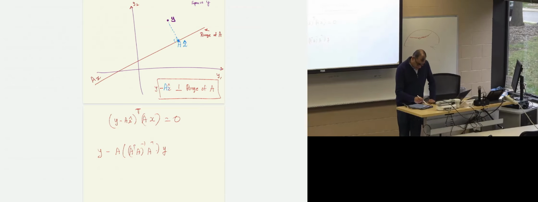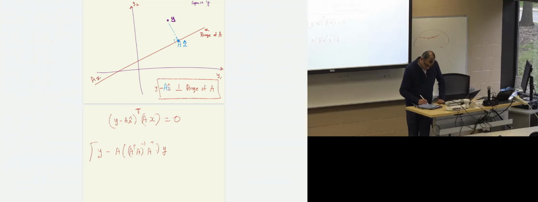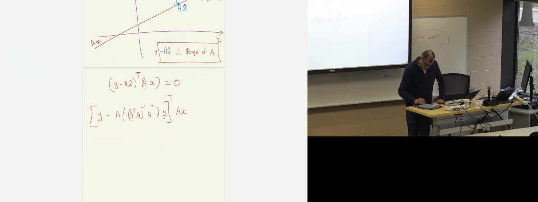Okay, so let's do this now. So now this is y transpose minus y transpose A transpose A inverse A transpose. Have I got all the A's? Okay.